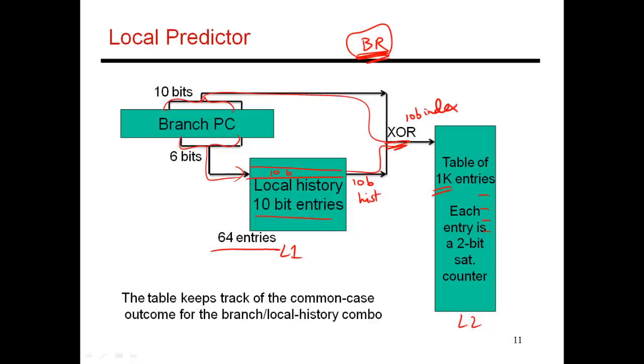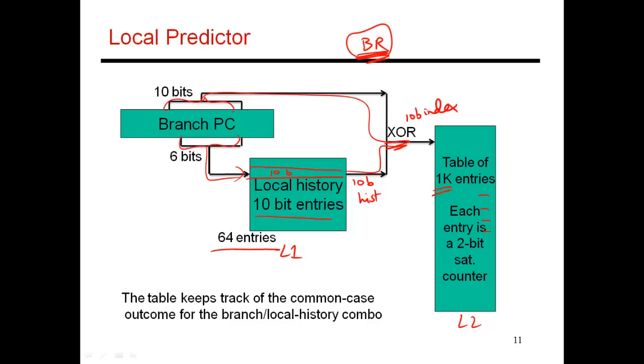The global predictor keeps track of what every branch in the program has done recently, and that might work very well for programs where the behavior of each branch depends on what the neighboring branches have done. Local predictors work well for some codes, and global predictors work well for other codes.